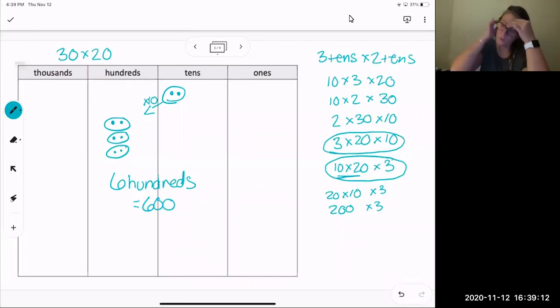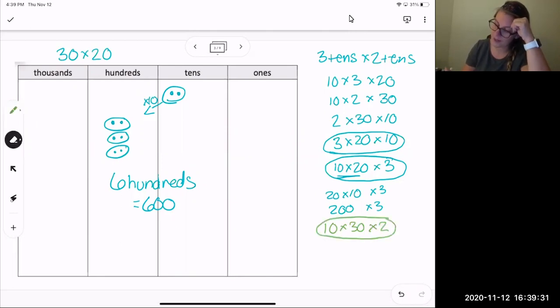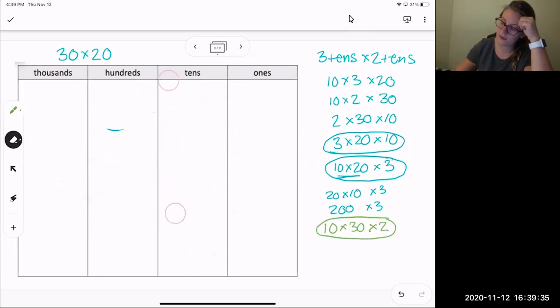What if we wanted to represent it in a different way? What if I decided that I wanted to show this problem by representing it as 10 times 30 times 2? I'm going to erase all of what we have here so we can re-represent it.